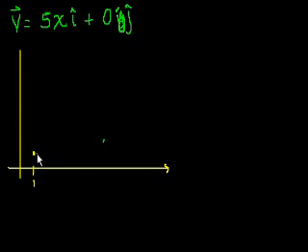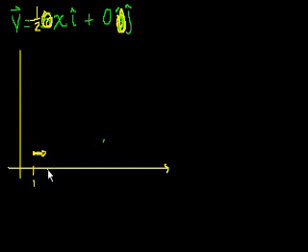It'll be 5, right? So actually, let me make this a different number, because it'll make it hard to do. Let's make this 1/2 x. So when x is 1, the magnitude of my vector is 1/2, right? Only in the x direction. It has no y component. It's 1/2 x i plus 0 j, or you could just say it's 1/2 x i.